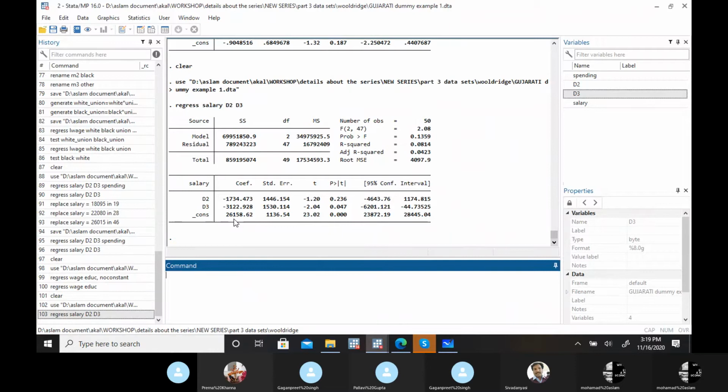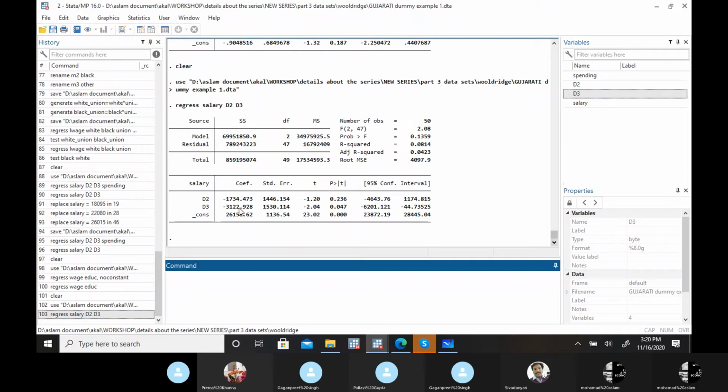So it means as compared to West, on an average, public school teachers are getting a salary less by 1734 rupees. So just subtract this 1734 from this 26,158. That's the average salary of teachers in the Northeast and North Central. But before doing that, you have to see its significance, that is, only if it's individually significant.